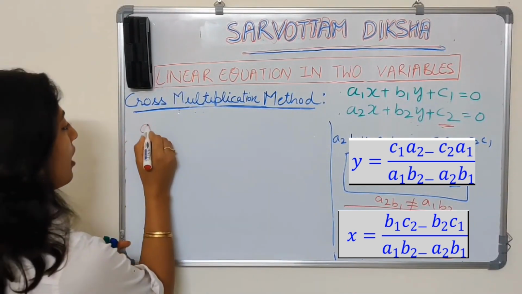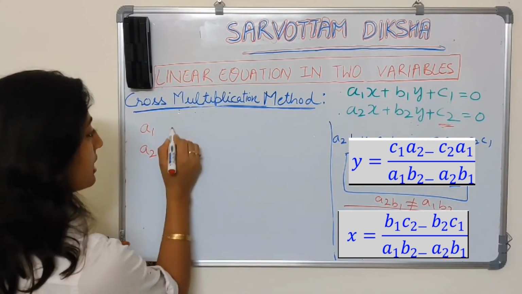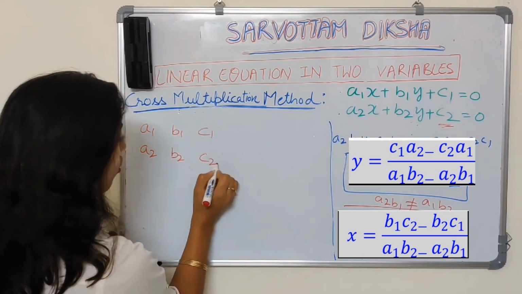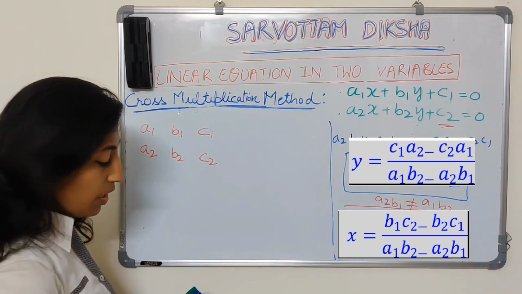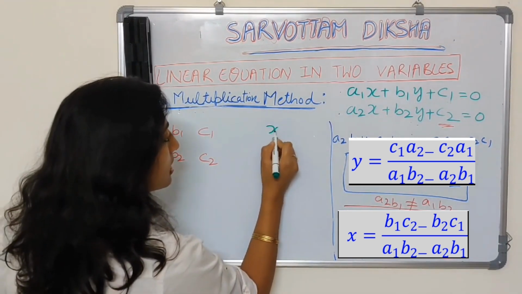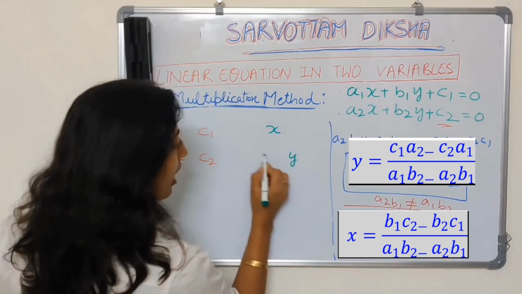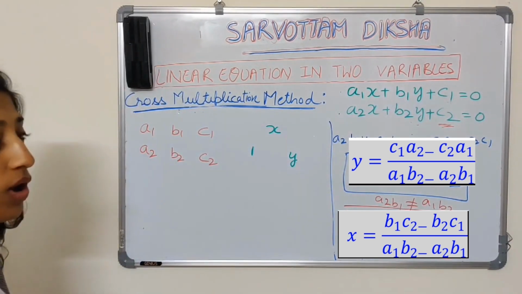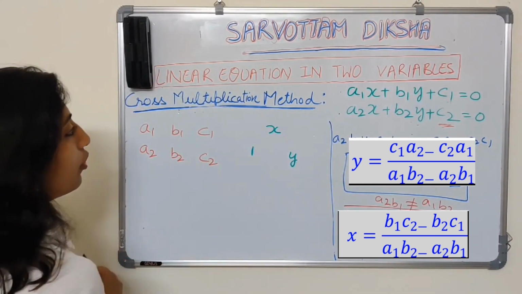Let me write them. a1, a2, coefficients of x; b1, b2, coefficients of y; c1, c2, coefficients of 1. Now let me write these three variables in cyclic form: x, y and 1. I have explained how I am writing 1. Now do one thing.